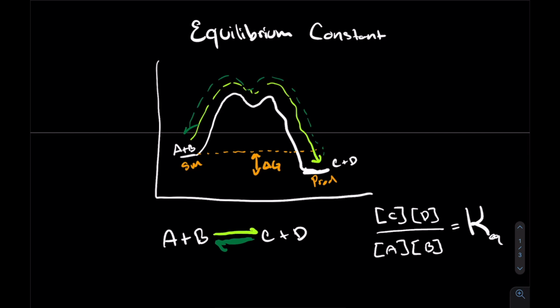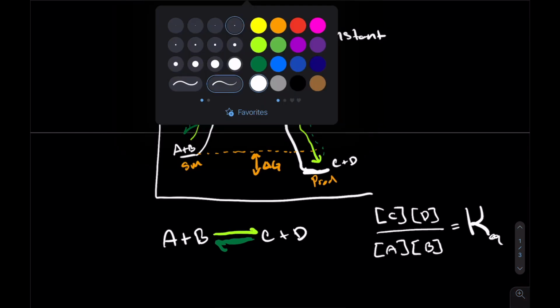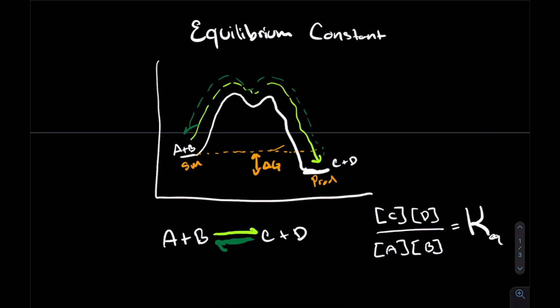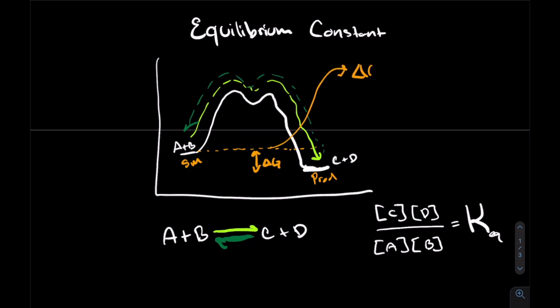So how? Let's consider delta G. So what is delta G in terms of if we start to mathematically define delta G? Delta G is quite simply, delta G is something called the Gibbs free energy. All right, and the Gibbs free energy is very simple. It's just the free energy of products minus free energy of starting materials.